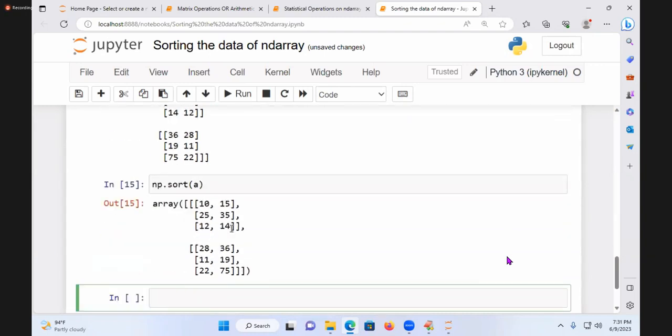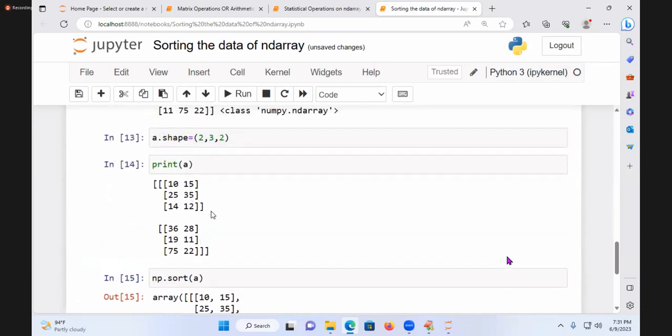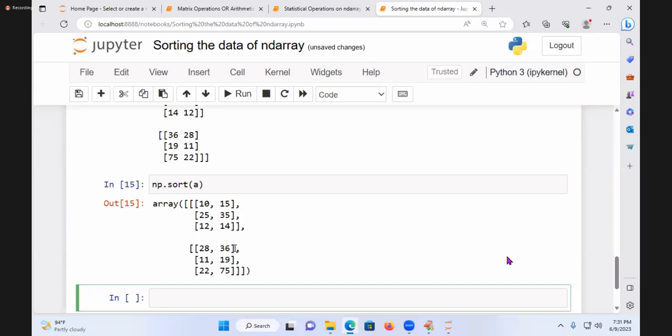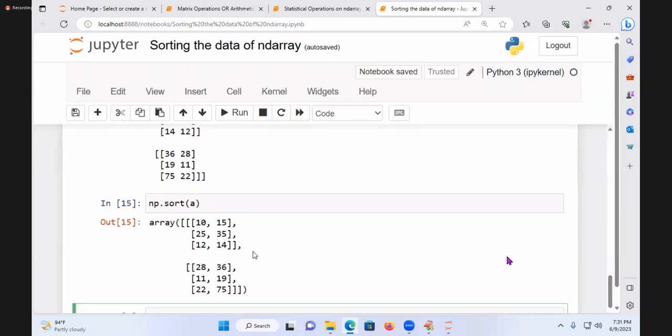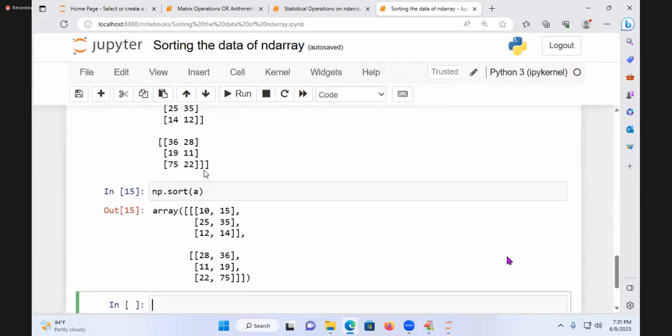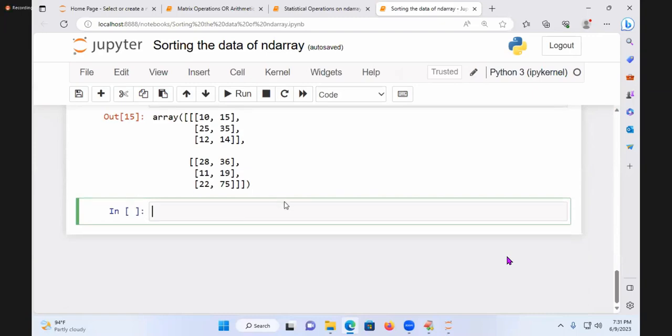Earlier 14, 12, is it now 12, 14 or not? Next, second matrix: 36, 28 becomes 28, 36. 19, 11 becomes 11, 19. Here 75, 22 becomes 22, 75.